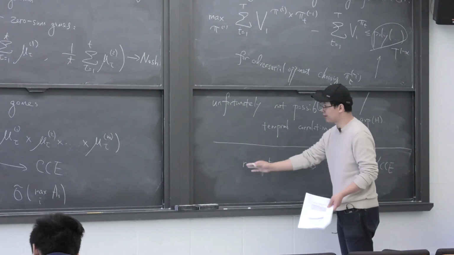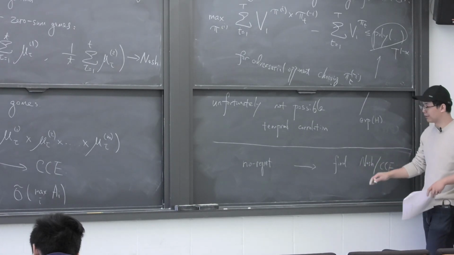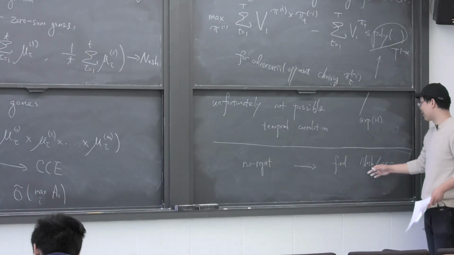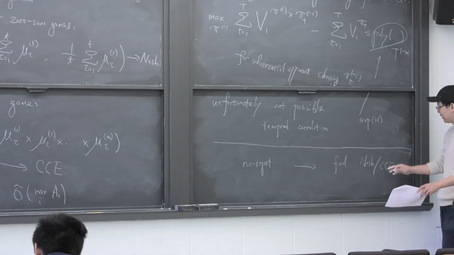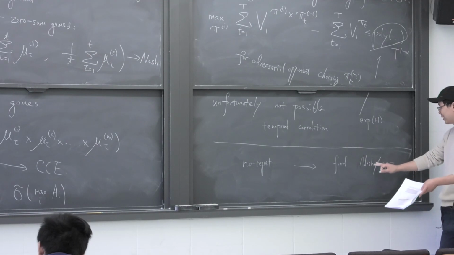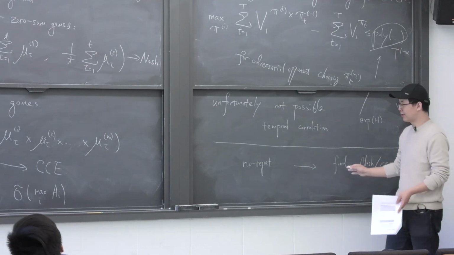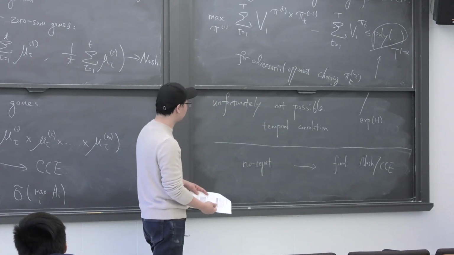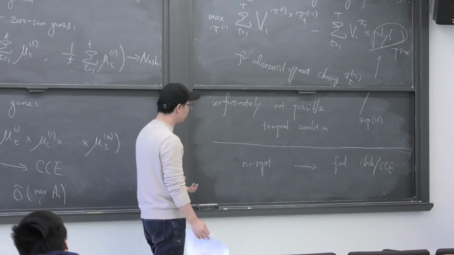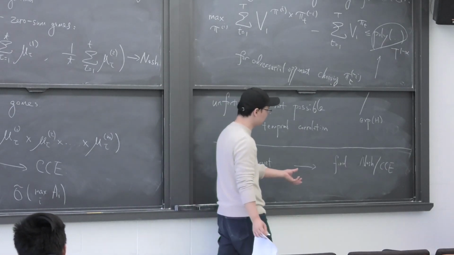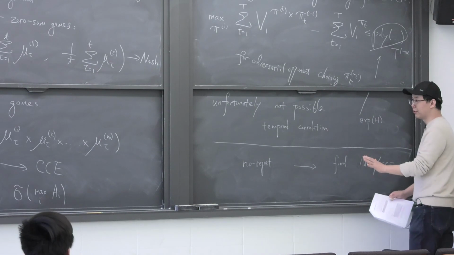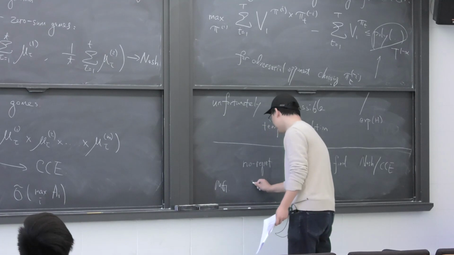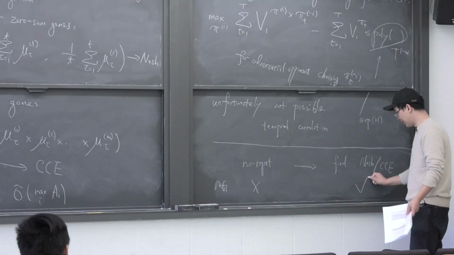That is, once we have designed this kind of algorithm, we can solve this problem. But this does not mean this task is also hard, because the reverse is not true. Once we have some algorithm to find Nash equilibrium or CCE, we may not necessarily be able to design a no regret algorithm. So you can think of no regret as the harder task: because we want to beat an adversarial opponent, it is very difficult, while finding Nash or CCE is slightly easier. It turns out for Markov games, the former is something you cannot do, but the latter is something you can do.